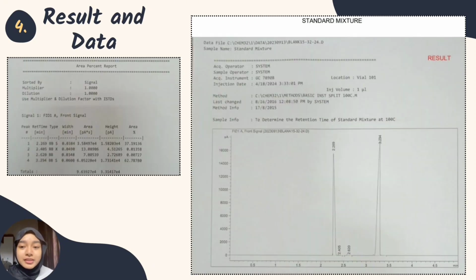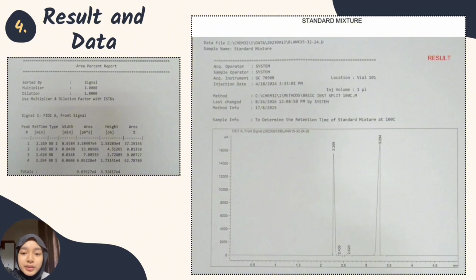The GC result for the unknown sample shows four discrete peaks at retention times of 2.269, 2.405, 2.620 and 3.294 minutes, indicating the presence of four components in the sample. The peak at 3.294 minutes is the most dominant, contributing 62.79% of the total area, followed by the peak at 2.269 minutes with 36.19%, showing that these two compounds are the major components of the mixture.